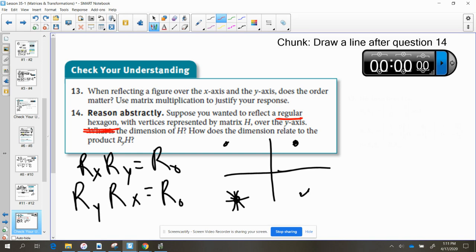Well, if you reflect a regular hexagon, you're going to result in a 2x6 matrix because you have 2 points to represent each point, each vertex of your hexagon, and it's going to have 6 sides, so you would have 6 pieces to your matrix. Okay, so again, triangles would be like a 2x3, quadrilaterals 2x4, pentagon 2x5, and then hexagon is a 2x6.